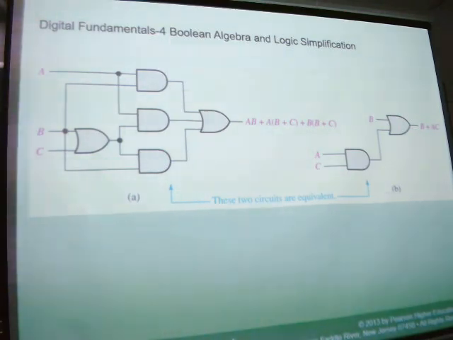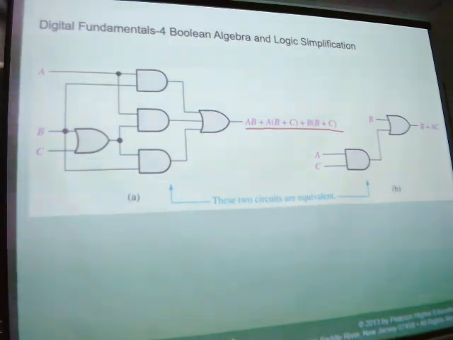If we use two kinds of circuits to represent this expression, the first circuit is about the original expression. The original expression has 5 gates: 2 OR gates and 3 AND gates.